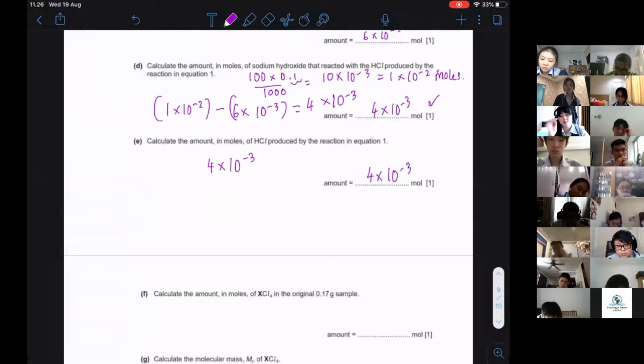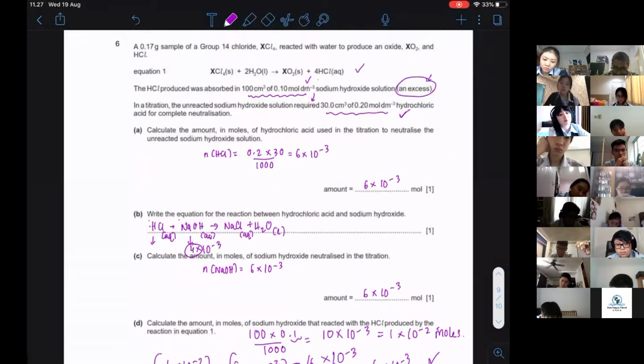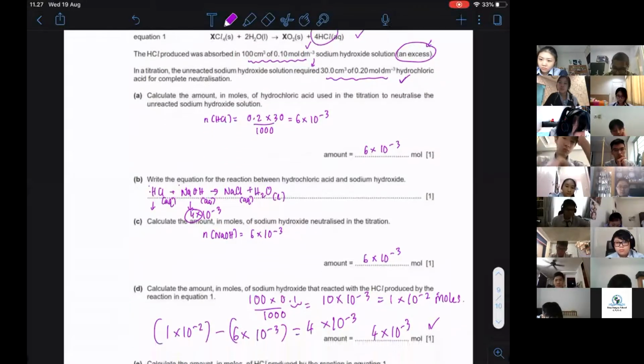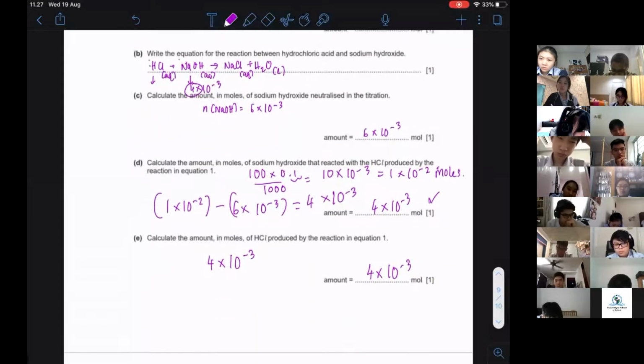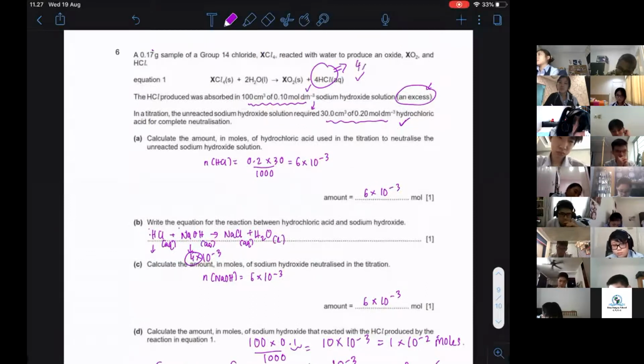Now, the next question, calculate the amount of moles of XCl4 in the original. So now we already have this. Do remember, I do not times by 4 anymore. This 4 HCl is the one that you calculated just now, which is 4 times 10 -3.